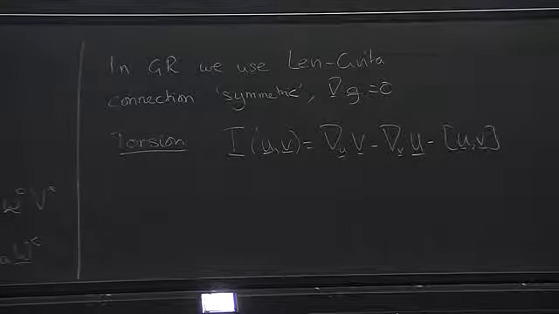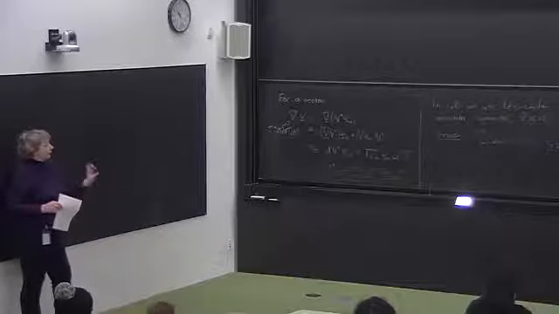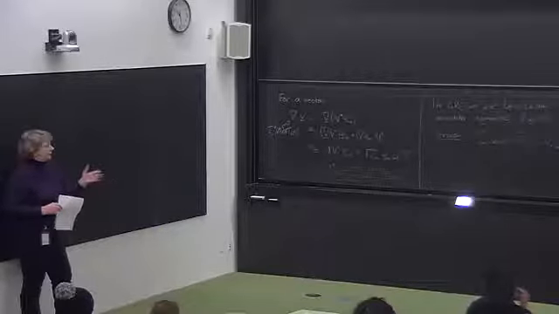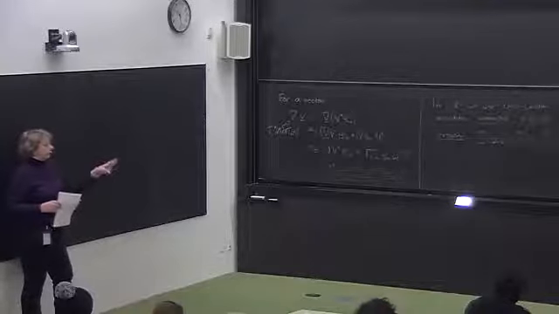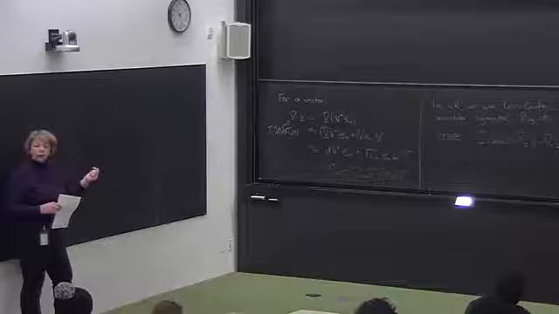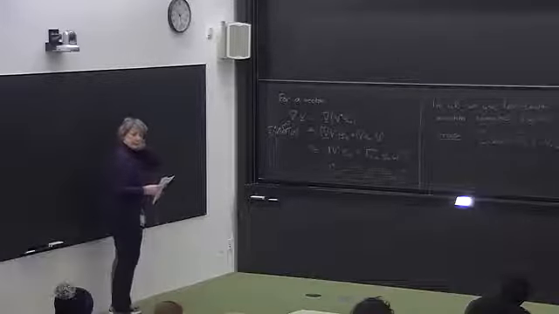So we take two vectors, u and v, which are arbitrary. We take the antisymmetric derivative of one with respect to the other, so grad u of v and grad v of u. And then we subtract off the Lie bracket because u and v themselves may not commute. And so that gives us an extra antisymmetric piece.